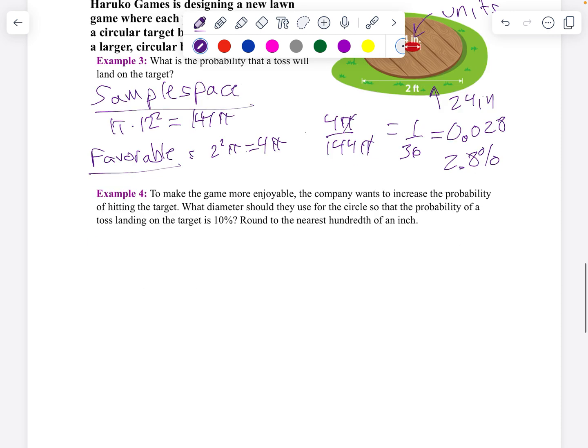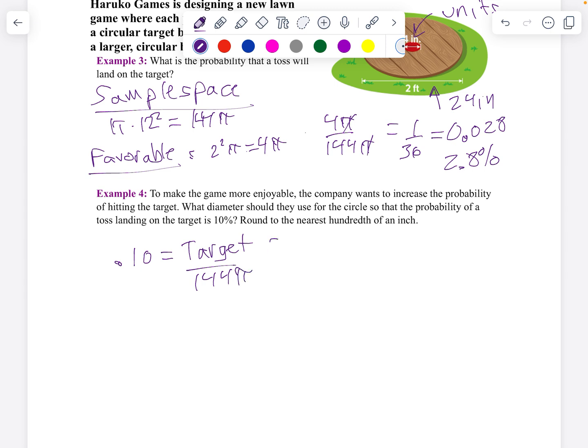Now, they're going to increase it so it has a probability of 10%. In other words, I'm going to say 0.10 equals my favorable area, so I'm going to go with the target area, divided by 144 pi.